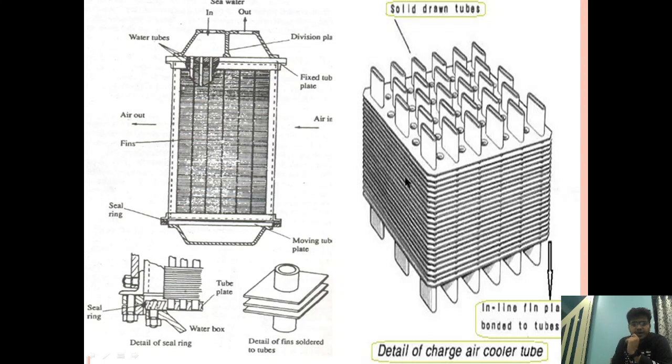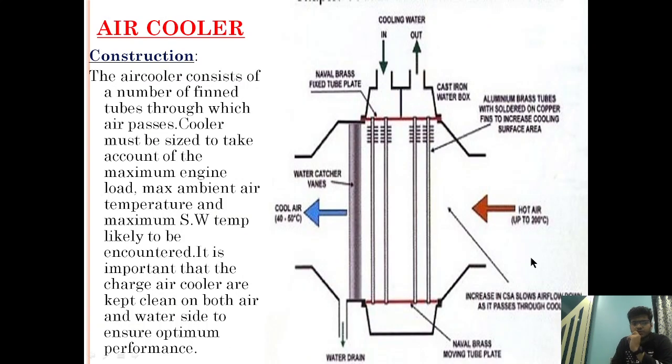These fins are provided and the air is passed through them. Means the air is outside and water is flowing inside the tube. As you can see, this will give us the idea. The air is passing from here and water is flowing through the inside of this tube. Okay, now this will clear the doubt.